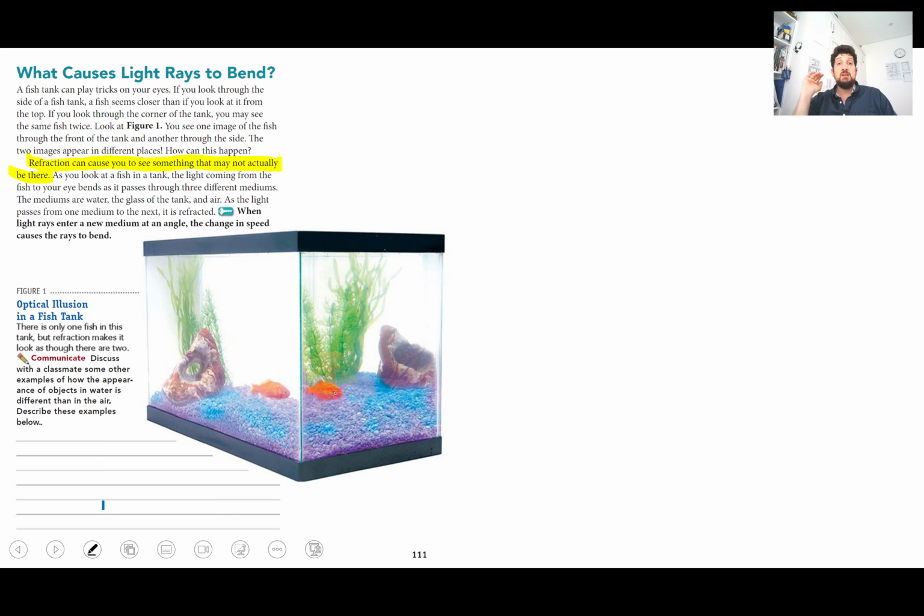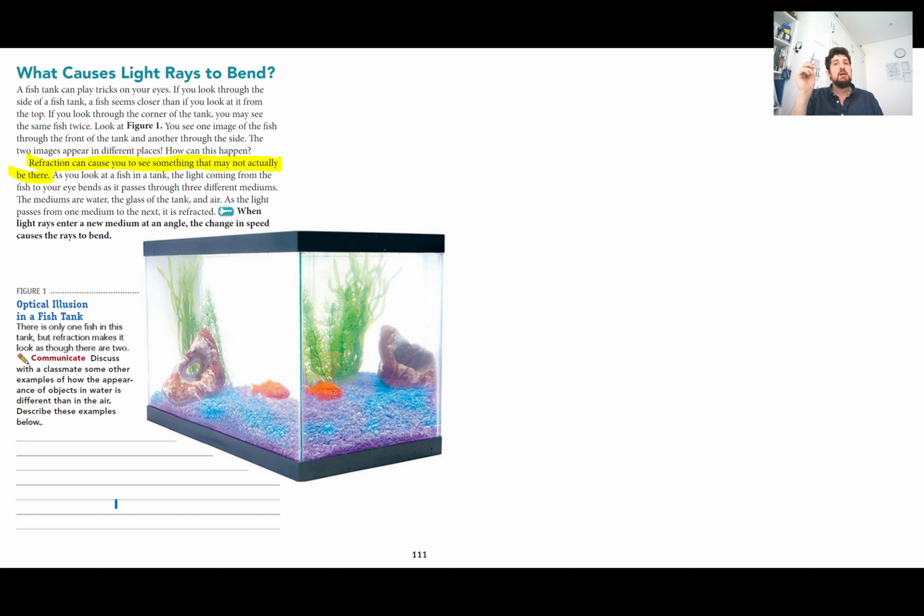We went from a medium with no particles whatsoever, outer space, to suddenly flying through as a beam of light and you've got air. So you're going to obviously feel a bit of air resistance. You're going to slow down slightly. And that's what happens to light. So as light goes through the air, it slows down and it bends.